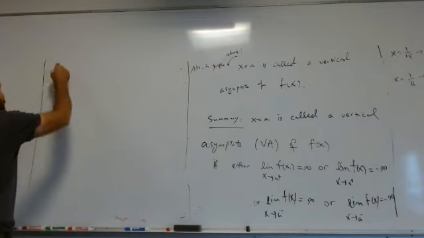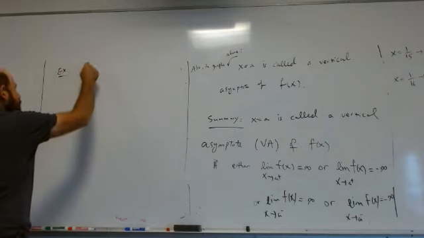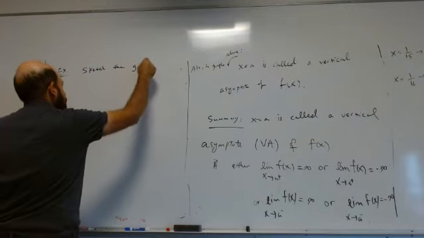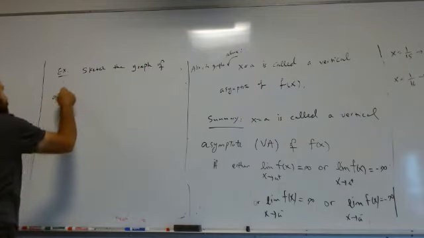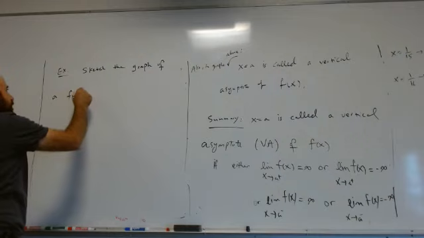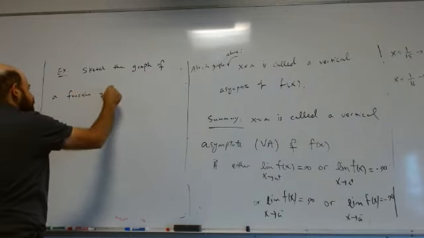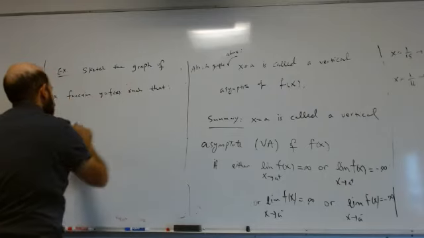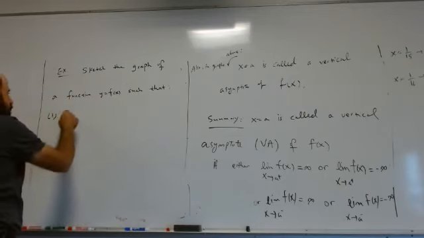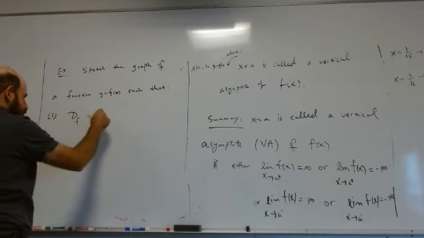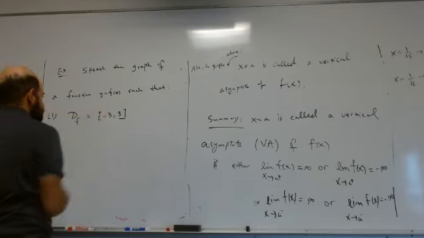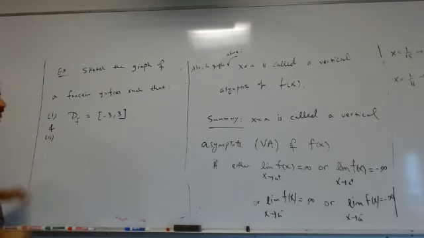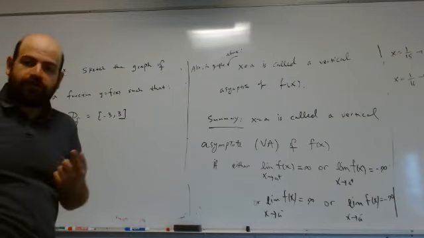So example: sketch the graph of a function y equals f of x such that, first of all, the domain of f is minus 3 to 3. You want all of these conditions to be true for one function f of x.